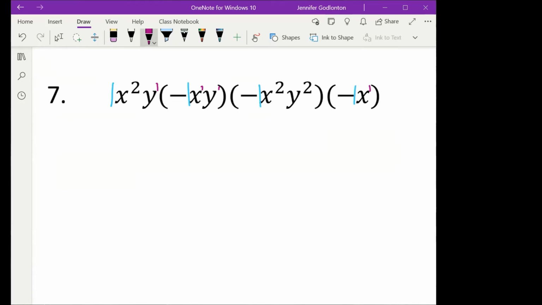Just remember, look at your signs, and look at your numbers, and look at your variables.